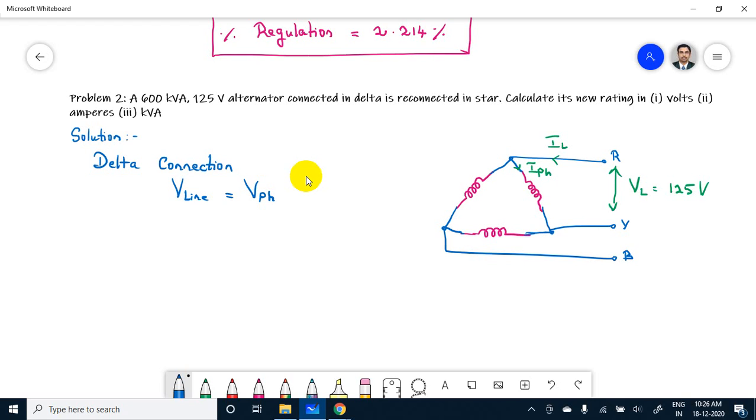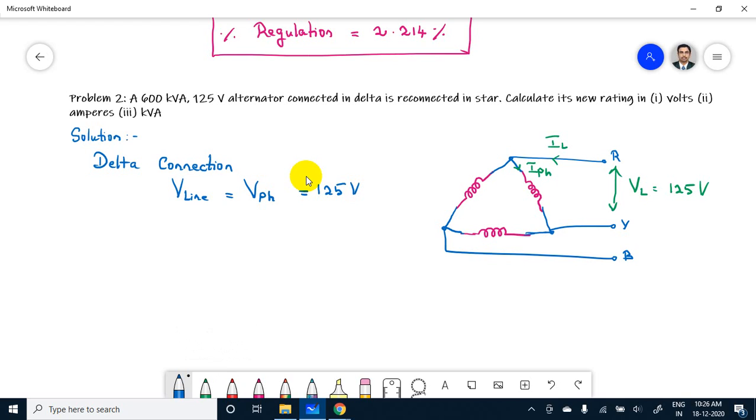So how much is it? 125 volt. But current, you don't know the current.